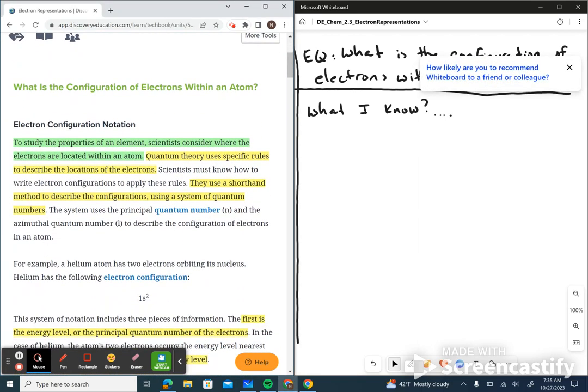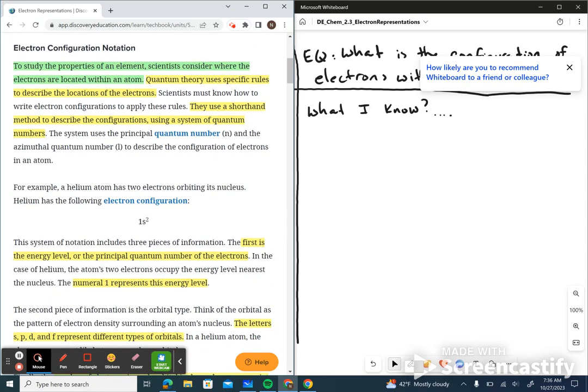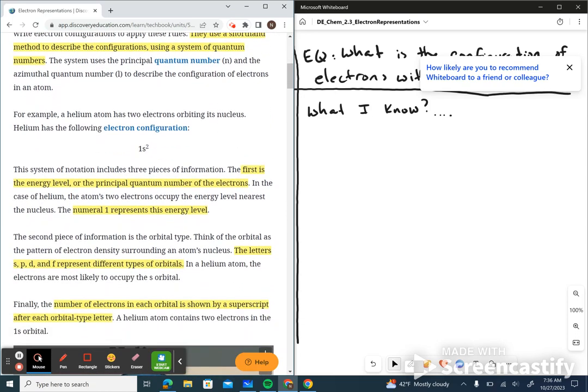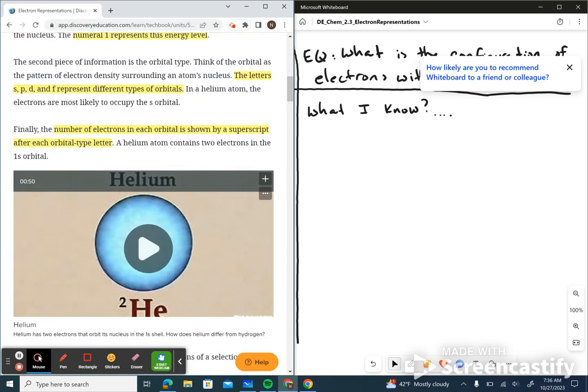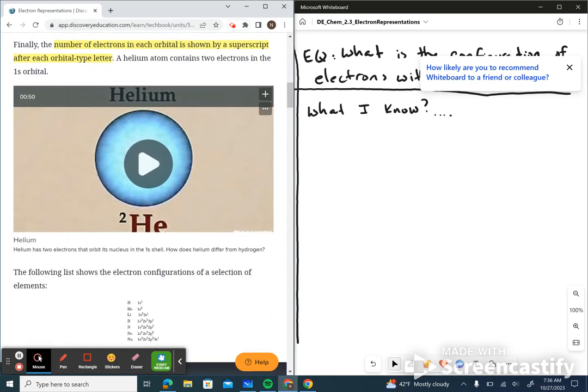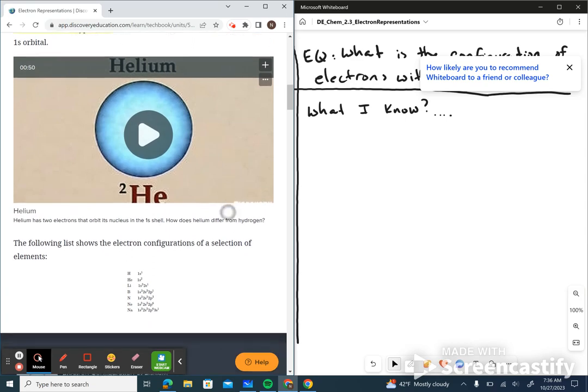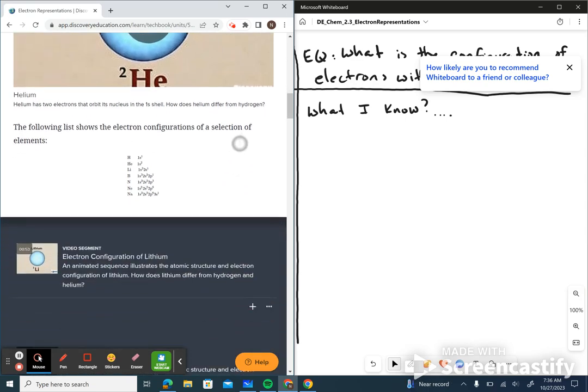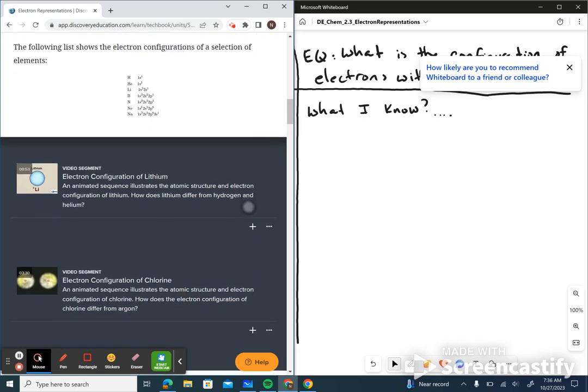So when you take a look at our notes, we can see we have a few different sections. Electron configuration notation. Okay. Got a few vocabulary words here. Quantum number, electron configuration. We've got a video. I imagine it's going to show us about electron configurations. A second video on lithium.